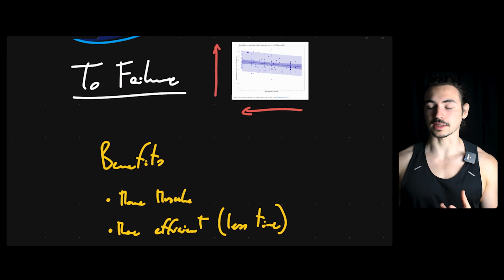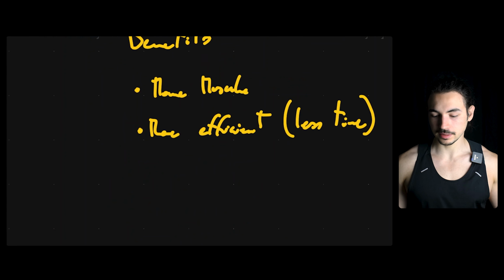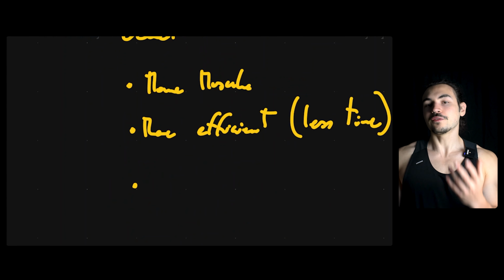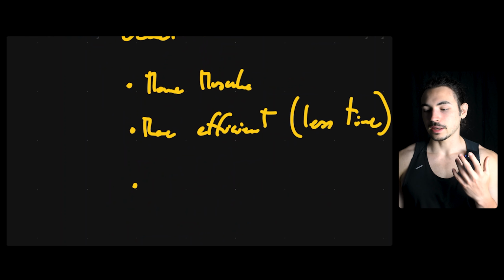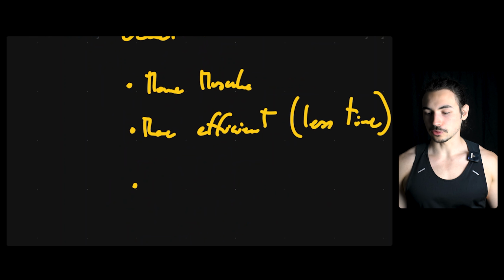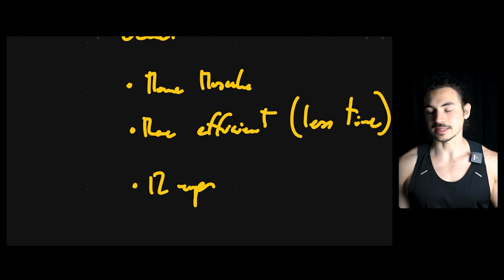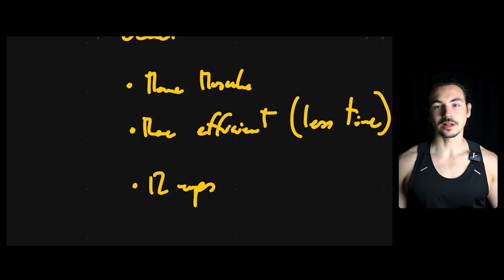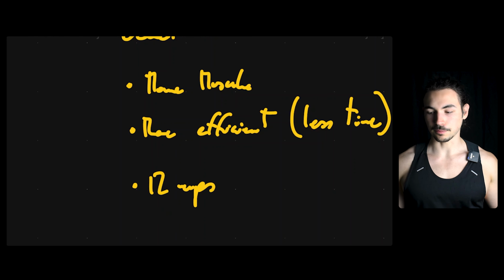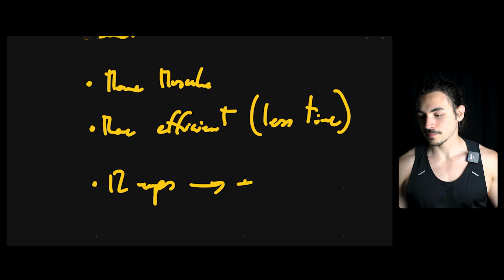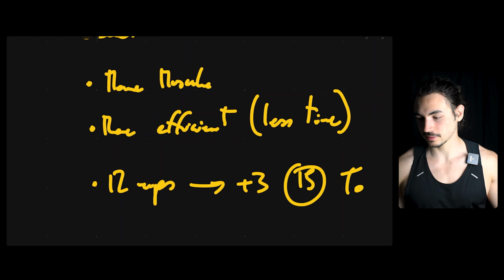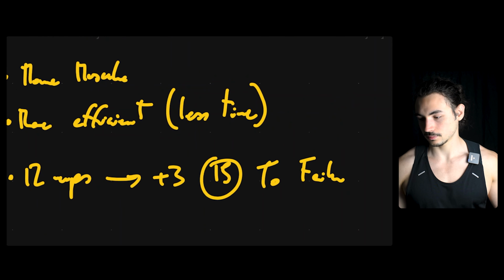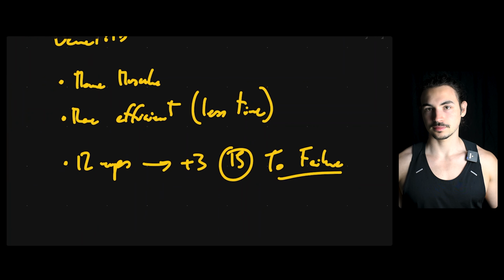And finally, you can view it like this, like you are already, for example, doing 12 reps in a set, okay? The difference from going from 12, which is close to failure, for example, to just doing an extra 3 reps and going to like 15 reps to failure is that important.